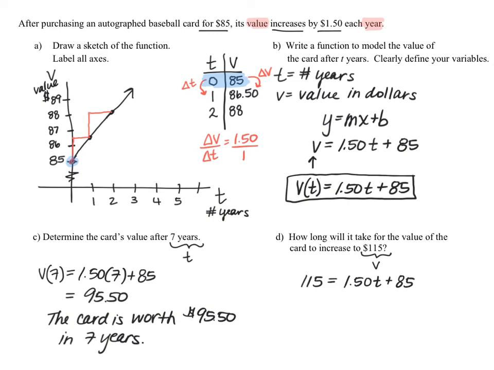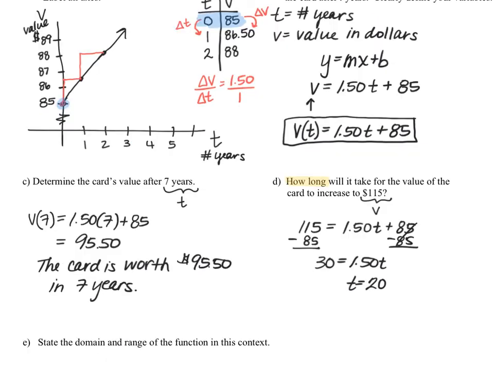It's also good to notice we're searching for how long it will take, which means we're solving for time in this case. So we'll need to subtract 85 from both sides. So if you subtract 85, then 115 minus 85 will leave us with 30 is equal to 1.5t, and then divide both sides by 1.5, and t will equal 20.